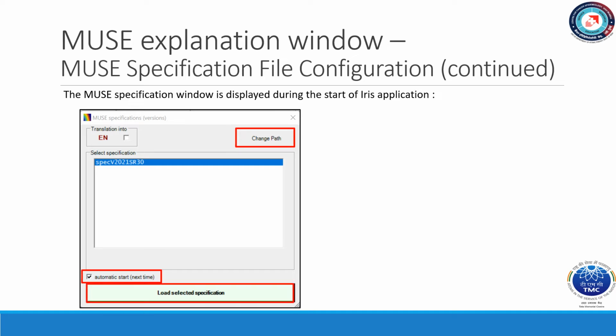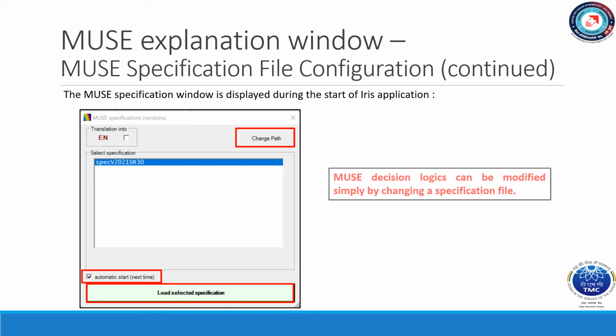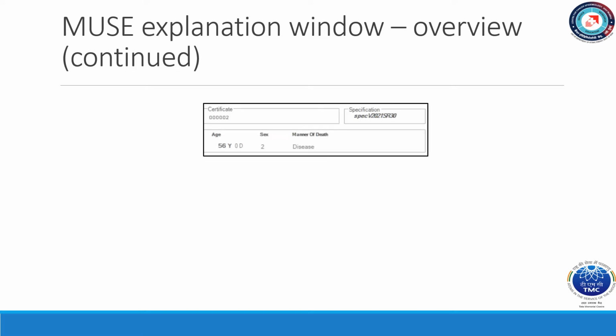And then select the load selected specification button. Lastly, in the Muse specification configuration topic, please note that the Muse decision logic can be modified simply by changing a specification file.